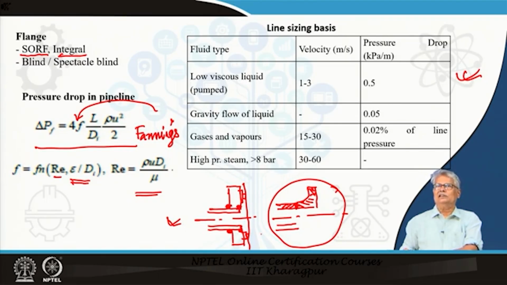In case of gravity flow, the pressure drop you can afford is 1/10 of this, so it is 0.05 kilopascal per meter. In case of gases and vapor, the velocity is much higher, 15 to 30. In case of high pressure steam, above 8 bar, it is almost double, and the pressure drop is typically 0.02% of the line pressure.